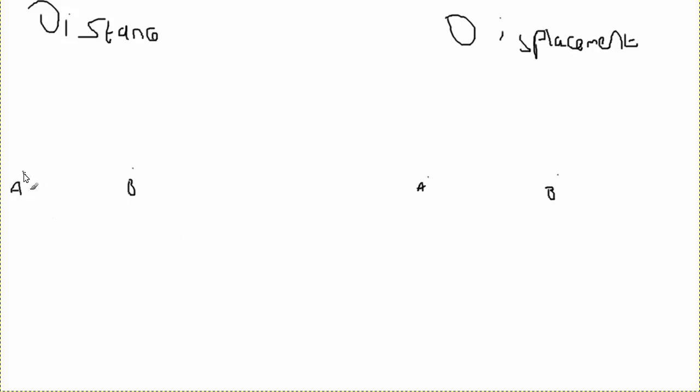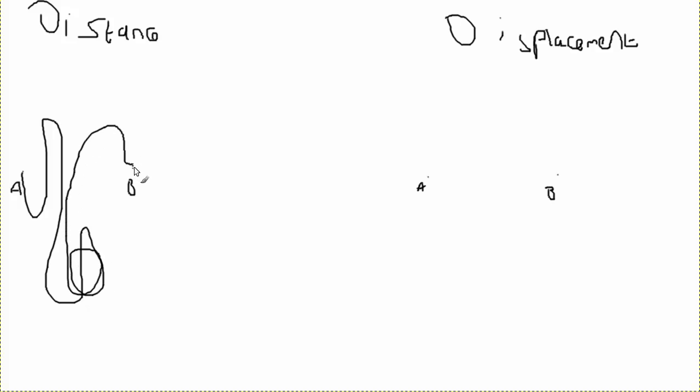So for distance, we could just go completely crazy with the movement and all that. That's a valid distance. That's what distance measures. Whereas displacement would just do the shortest distance between 2 points. Understand?